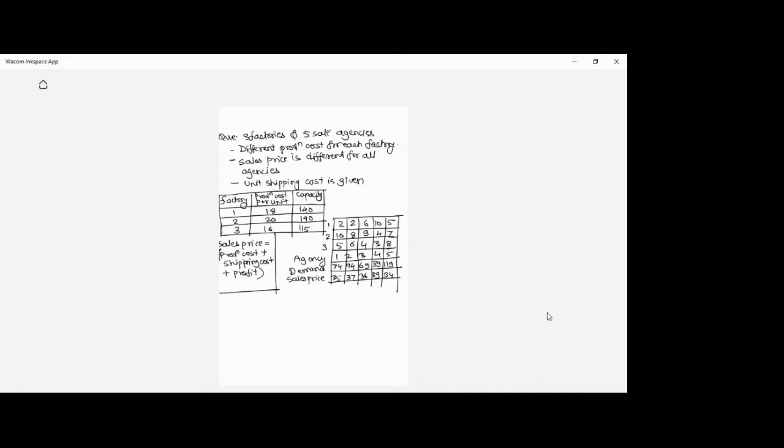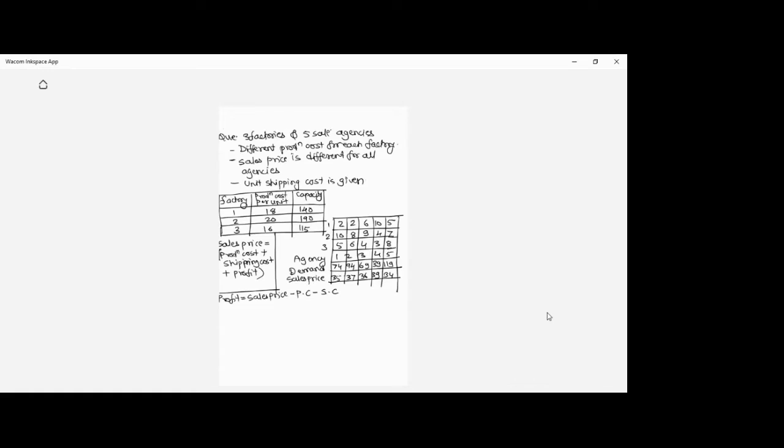Now, what I want is profit. So what I can write is profit is equal to sales price minus production cost minus shipping cost. Sales price minus production cost minus shipping cost.